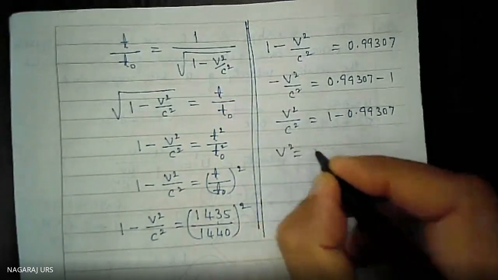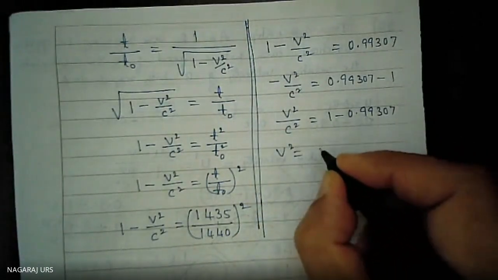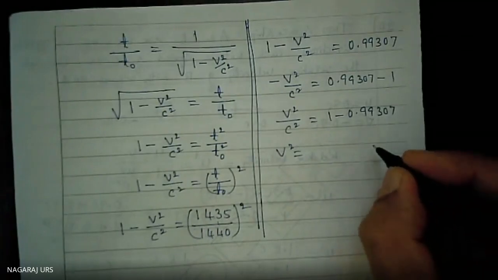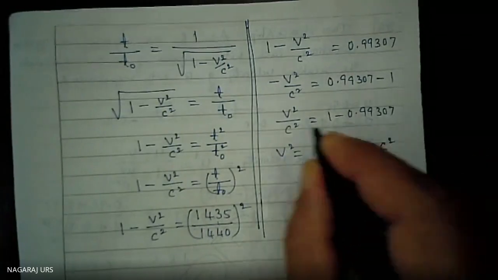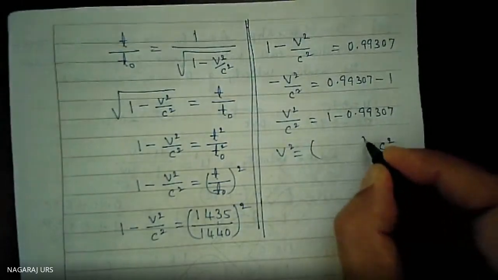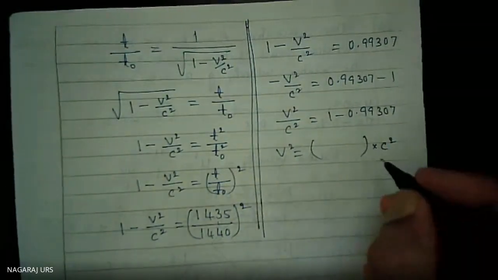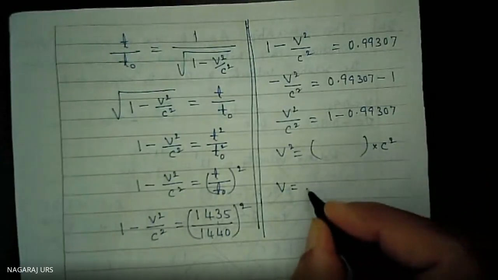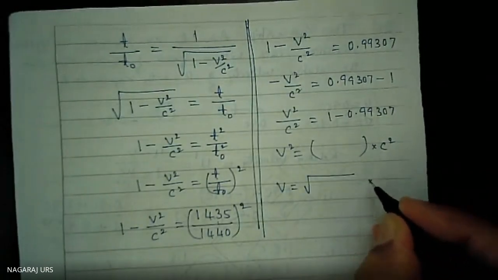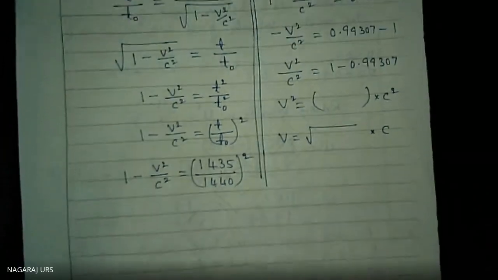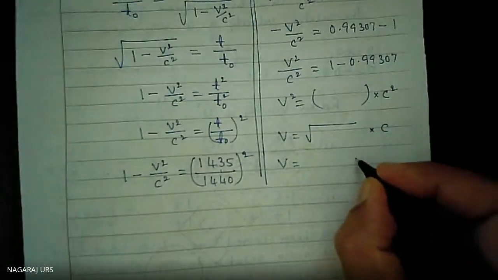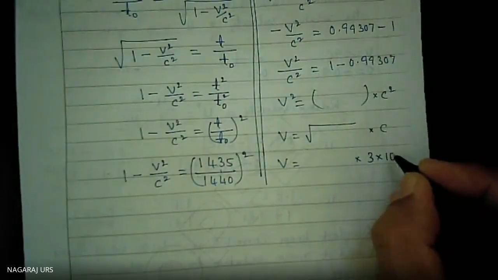Therefore, V square is equal to, subtract this. Write it, V is equal to square root of this into C. That number multiplied by 3 into 10 to the power 8.